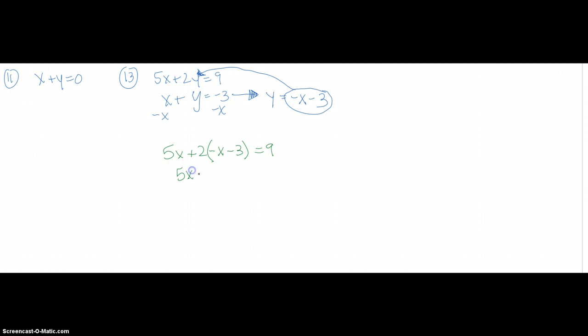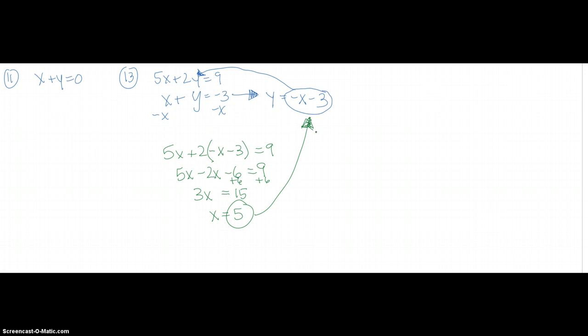So 5x minus 2x minus 6 equals 9. Combine like terms here and we get 3x equals, I'm going to add 6 to both sides, and I get 15. So when we divide, we get x equals 5. So that helps us with the x. Now we need y. Well, we know that y equals negative x minus 3.